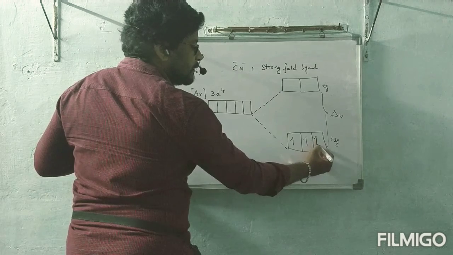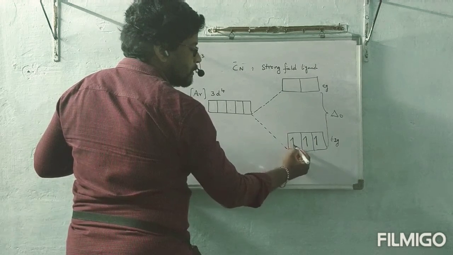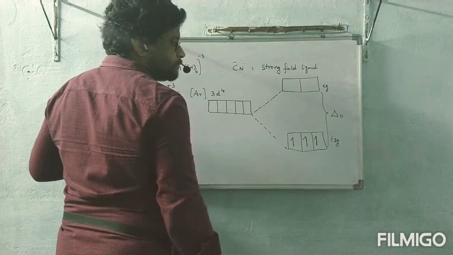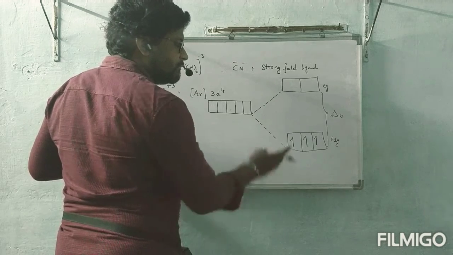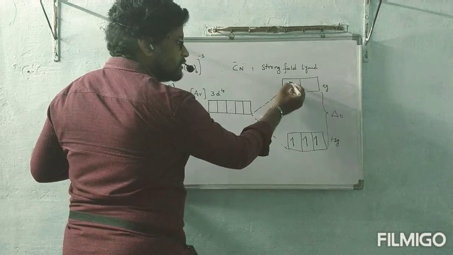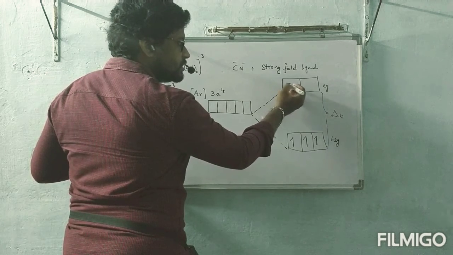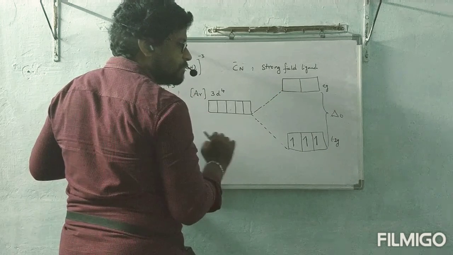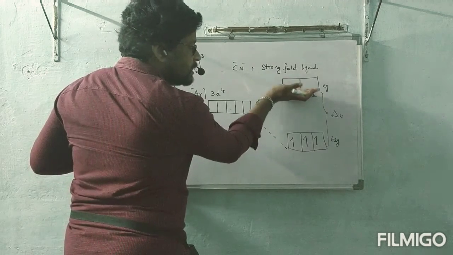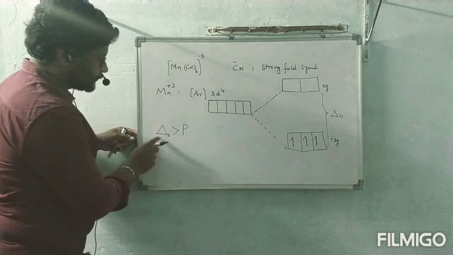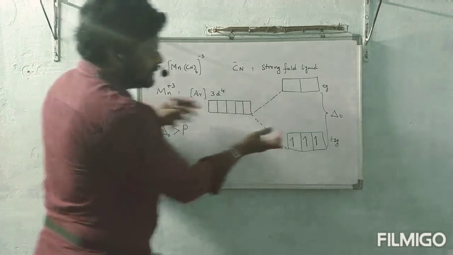The fourth electron we have to think about. According to Hund's rule, that fourth electron should come here. But what is the problem here? The problem is that delta naught is very high.